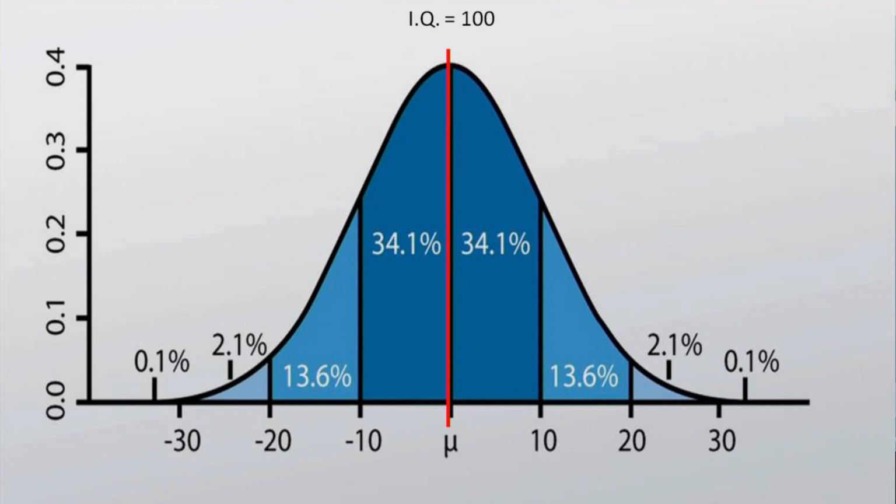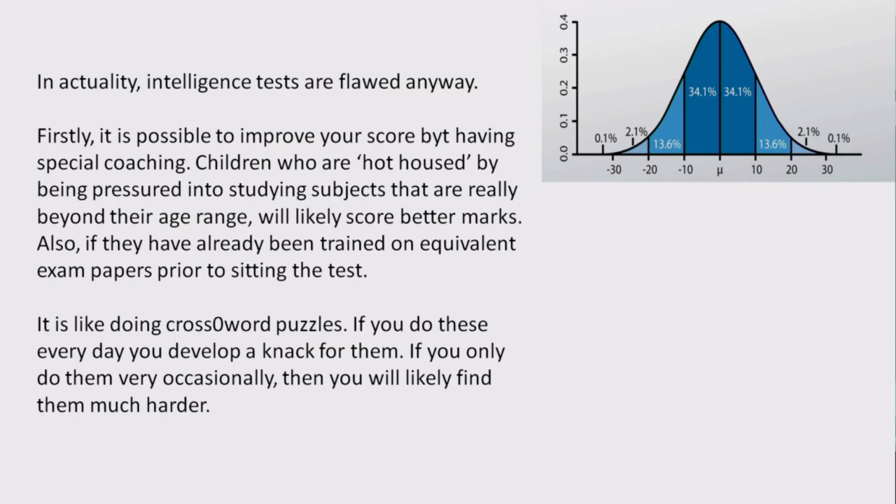Then you notice that as you progress a bit further, there are smaller amounts of people on even higher than that, and vanishingly small, getting right up to the really, really high, Elon Musk level. And the same on the other side, you've got decreasing intelligence to someone who's basically, I suppose, in a coma. But in actuality, intelligence tests are flawed anyway.